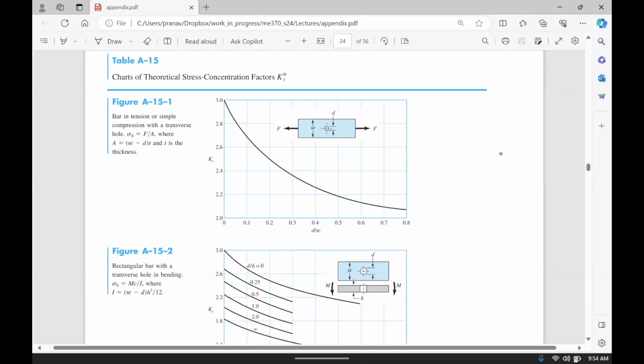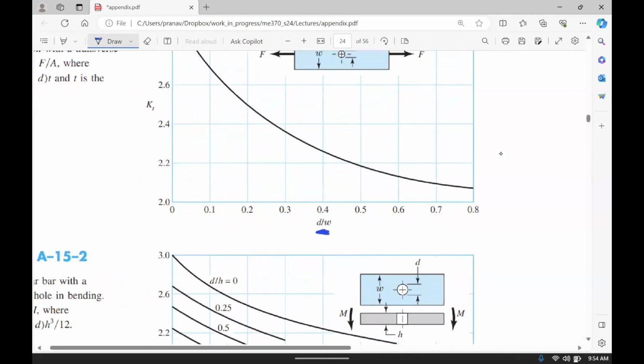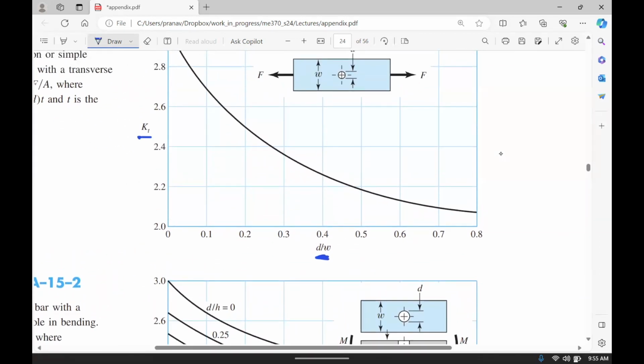So for example, this is a rectangular plate with a hole, and you can see that it has a width W, and the diameter of the hole is D, and based on the ratio of D divided by W, you can compute what KT is going to be.